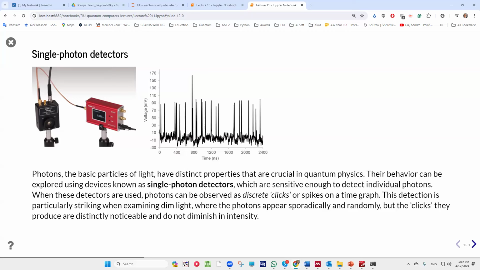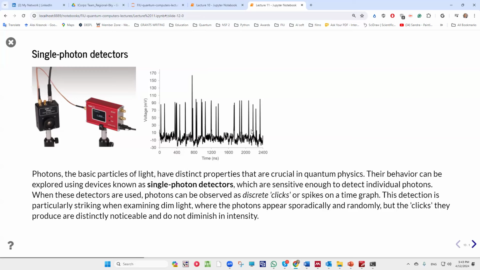Finally we can detect some voltage drop across this semiconductor crystal. Each single photon creates a spike in such a time domain graph as shown here. So each spike corresponds to one single photon.